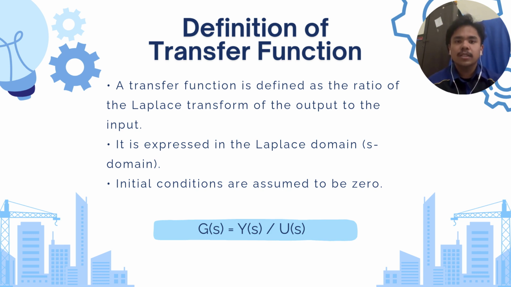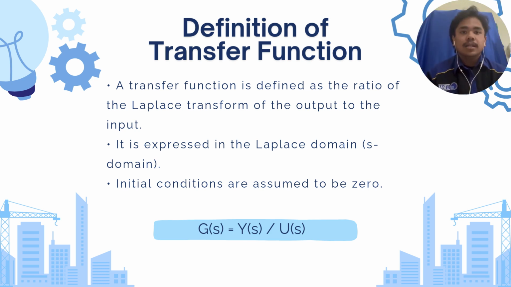A transfer function is always represented in the s domain and not in the time domain. Therefore, any expression written in terms of time, such as y(t) or u(t), must be converted using the Laplace transform before it can be considered a transfer function.